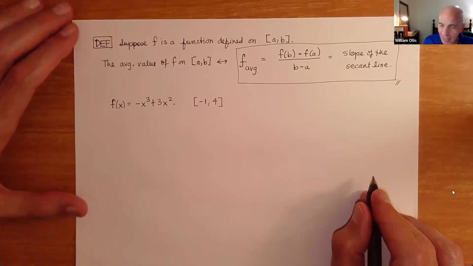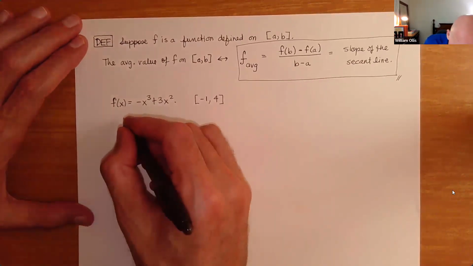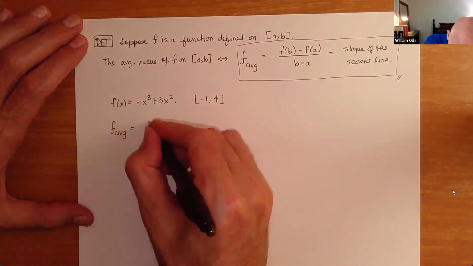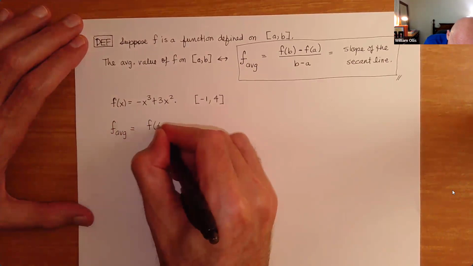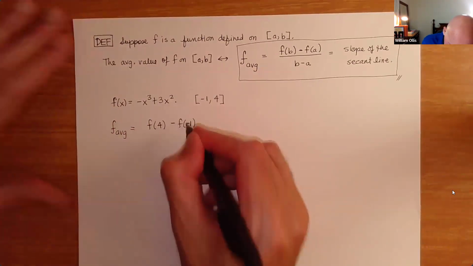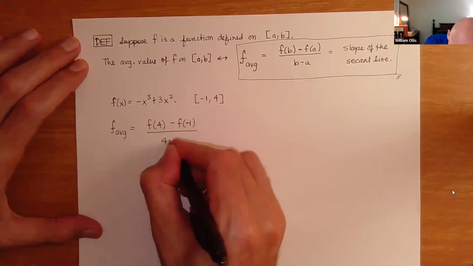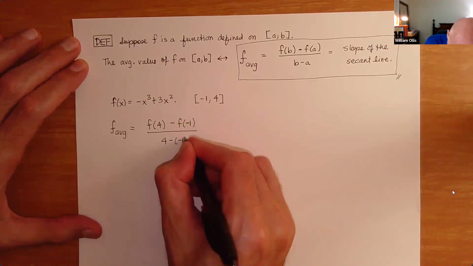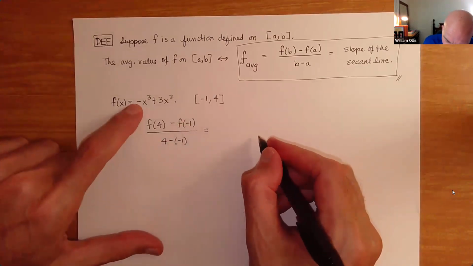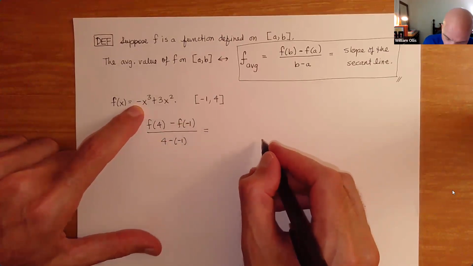This is really simple, but again, it's the slope of the secant. So let's do it. The average value of f will be f(4) minus f(-1) divided by 4 minus -1. Let's go ahead and fill it in. And if you note here, we can factor some, so we don't have to work so hard.